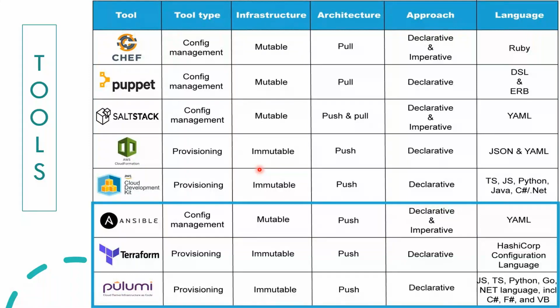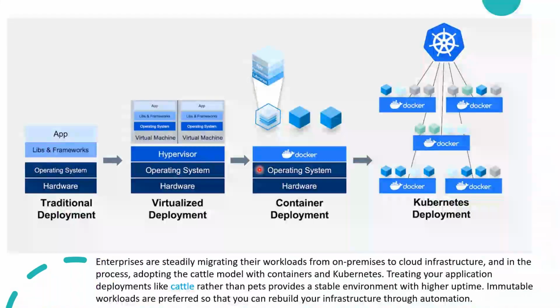So the industry has got a lot of enhancements. Enterprises have migrated from monolithic traditional applications to microservices on container platforms managed using Docker and Kubernetes now. So things have changed, things have evolved a lot.